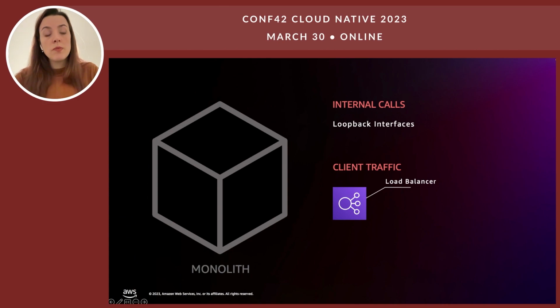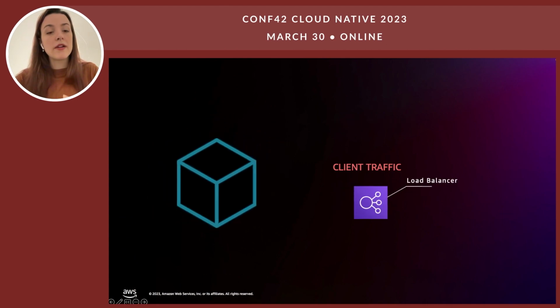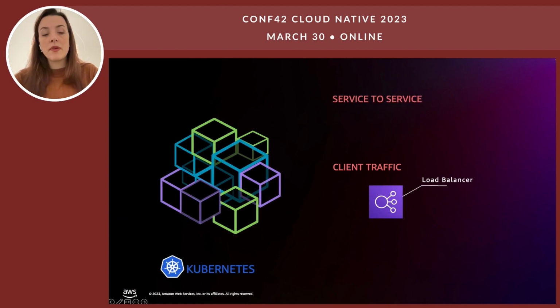So a very common pattern is to break down these monoliths into microservices. In particular, you can containerize those and manage them with, for example, Kubernetes. So in the Kubernetes context, how do we handle service-to-service communication?